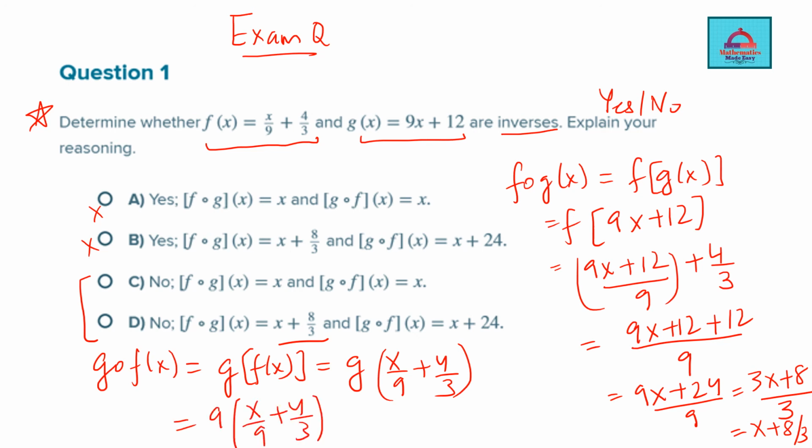Again, we are going to simplify by taking the LCM. If I take the LCM 9 of the whole thing, it will be 9 times (x + 4 threes are 12) plus 12 into 9. Simplify, this is x plus 24. So D is the answer.